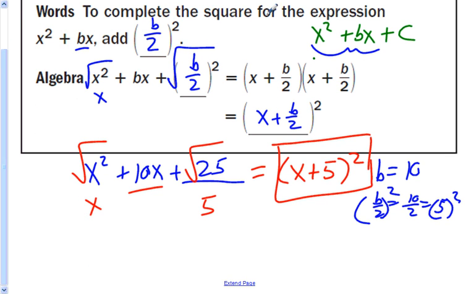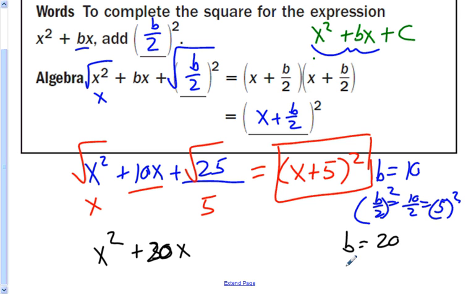Let's look at another example. Let's say I have x squared plus 30x, and I want to make this a perfect square trinomial. Actually, let's just change it to 20 in the middle, 20x. So to make this a perfect square, I take the b value, which in this case is 20.